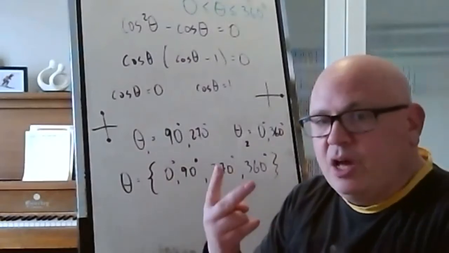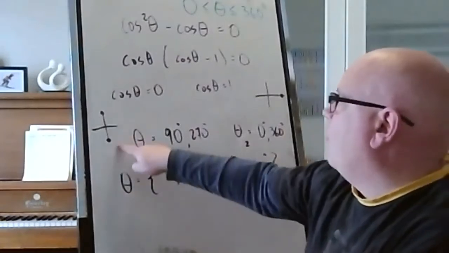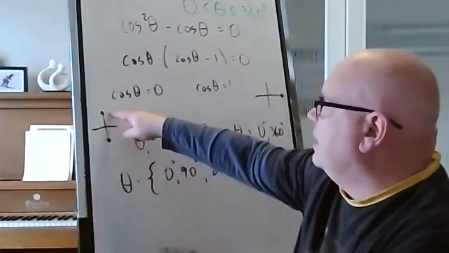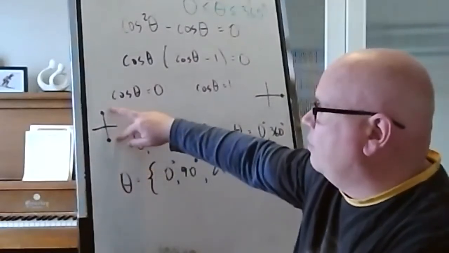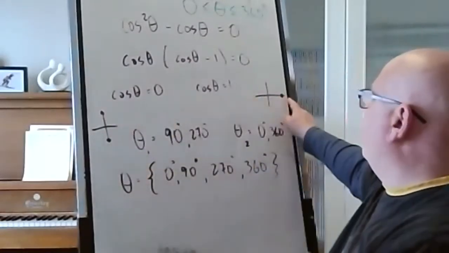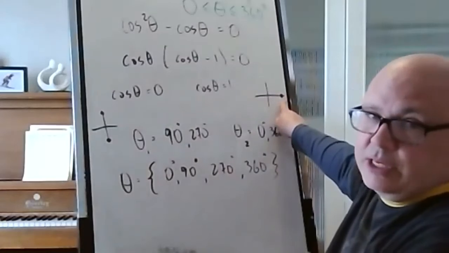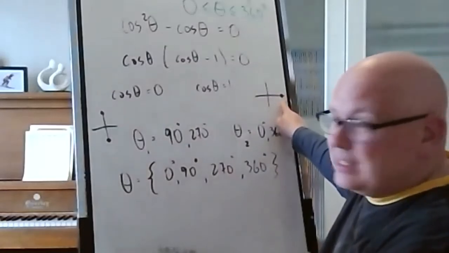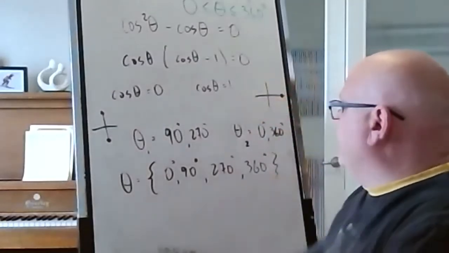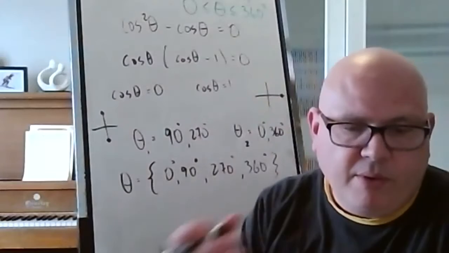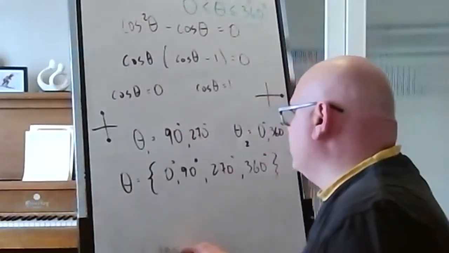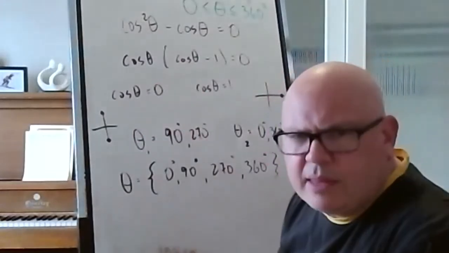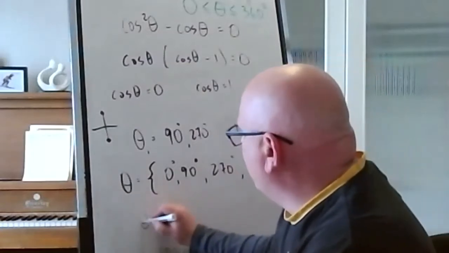We would need 2 general solutions. One for this one, that would say 90 degrees plus n times 180, and that would give us both of those. And we would have 0 degrees plus n times 360, and that would give us that point over there all along. So if we didn't have a domain and we were just being asked for the general solution, that's what that would look like. Do you want me to write that out? Sure, let's just write that out quickly.